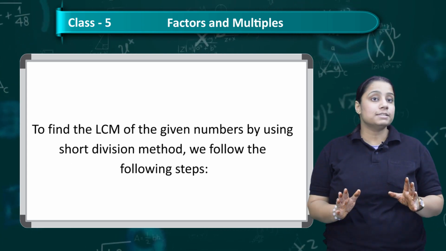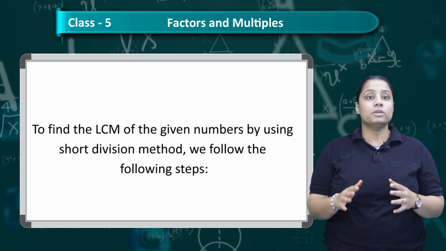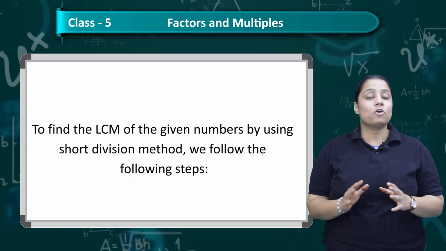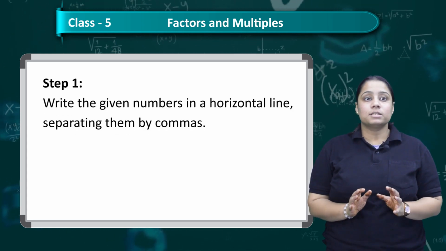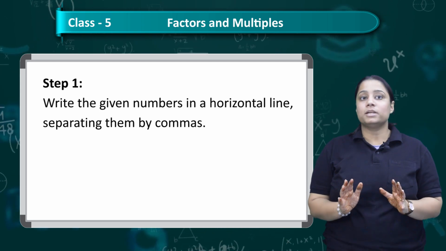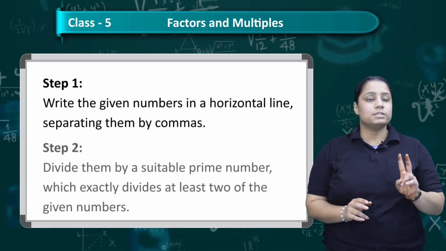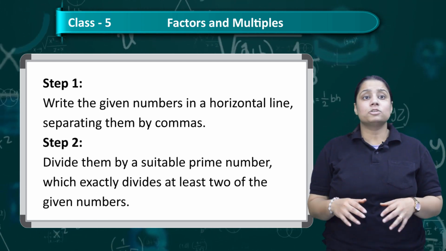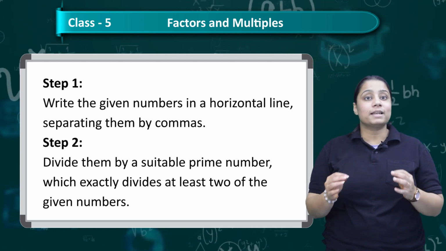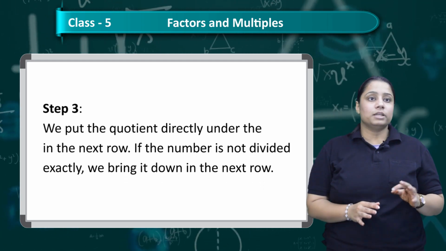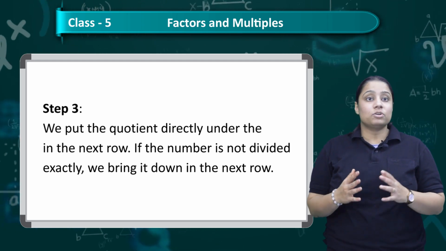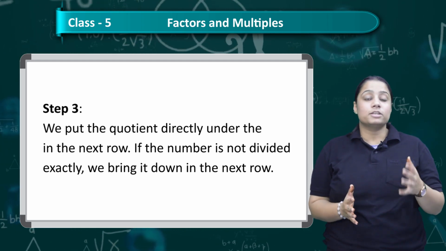LCM by short division method or shortcut method. To find the LCM of the given numbers by using the short division method, we follow these steps. Step 1. Write the given numbers in a horizontal line, separating them by commas. Step 2. Divide them by a suitable prime number which exactly divides at least 2 of the given numbers. Step 3. We put the quotient directly under the numbers in the next row.